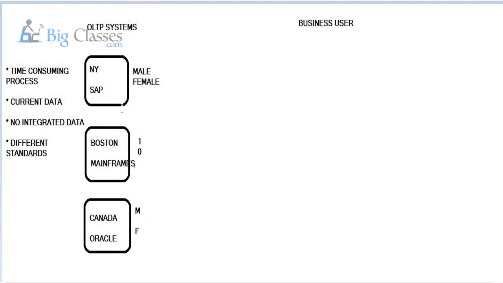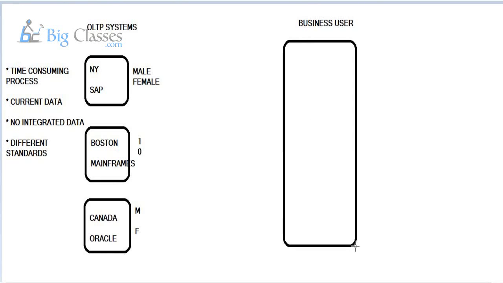Because of all these disadvantages in the OLTP system, you cannot do the business analysis properly. So for that, we are going to extract the data from multiple OLTPs, which we call data extraction.